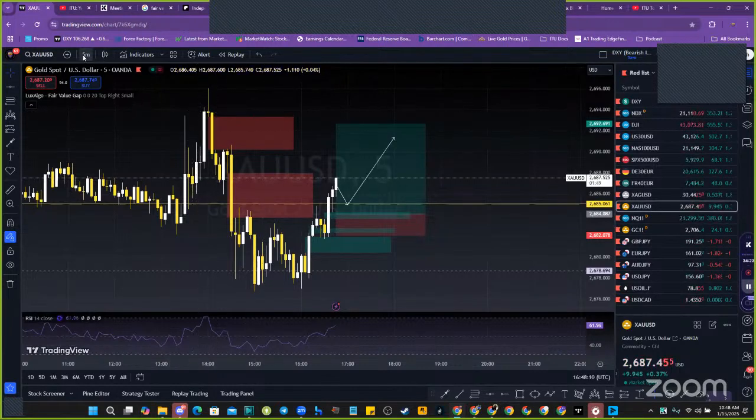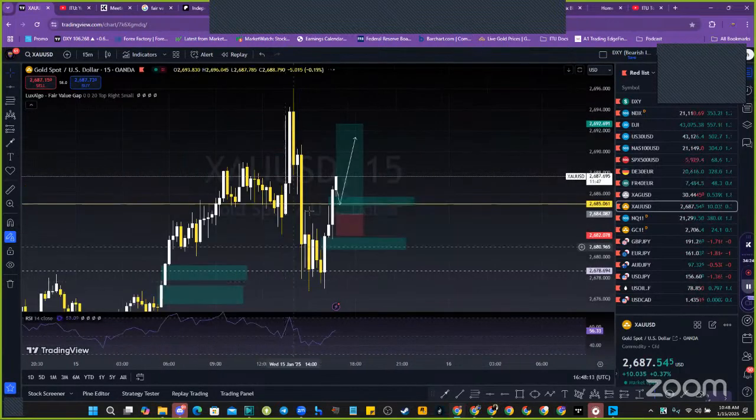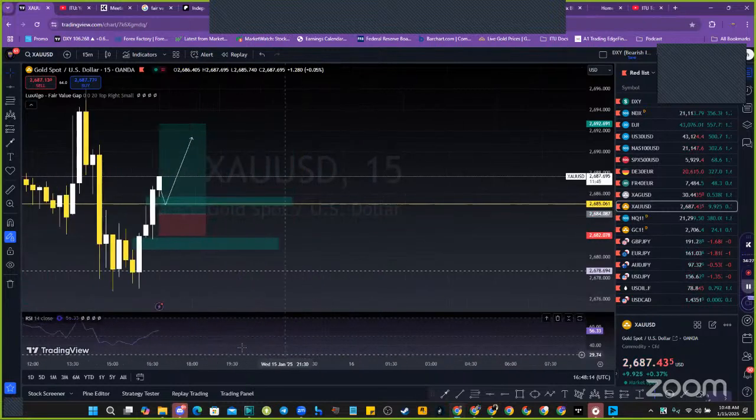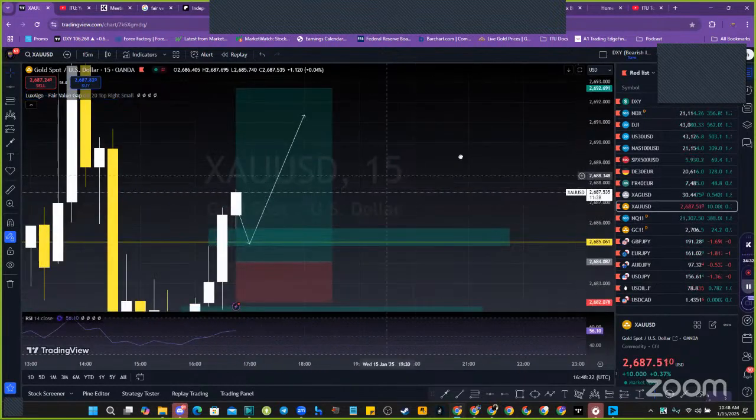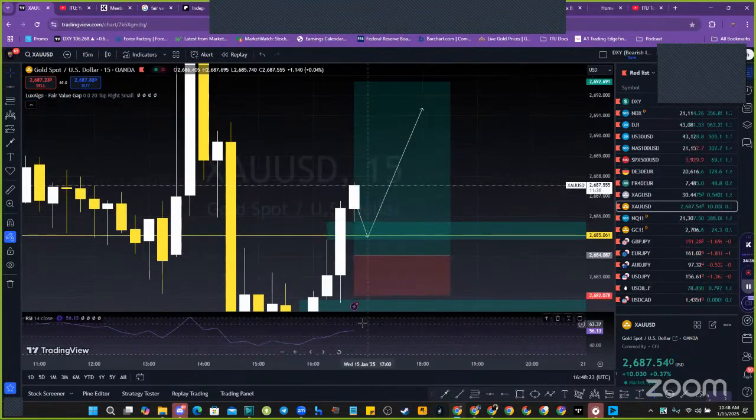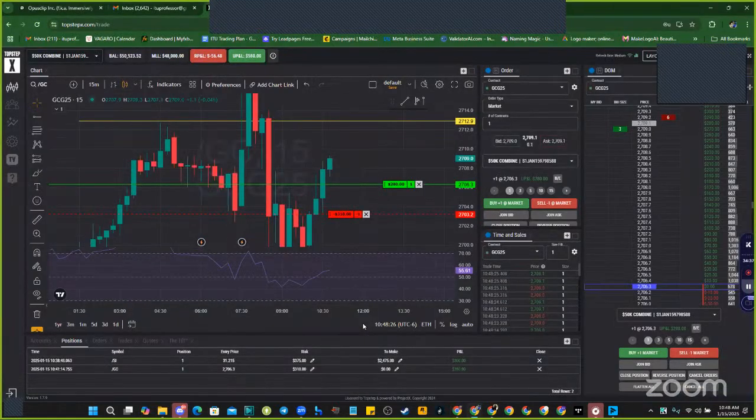All right, so gold, wasn't perfect, but it wicked down and left a little bullish gap there. All good. Sitting at about 600, so I'm about $400 away from my goal for the day.